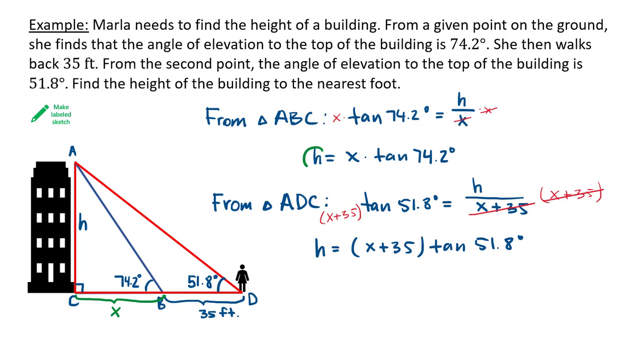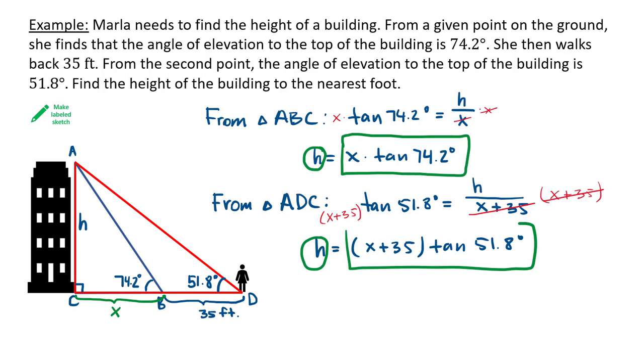We know that h equals x times tangent of 74.2 degrees, and we know that h equals this expression, x plus 35 times tangent of 51.8. Well, since they're both equal to the same quantity, which is h, that means that they're equal to each other.